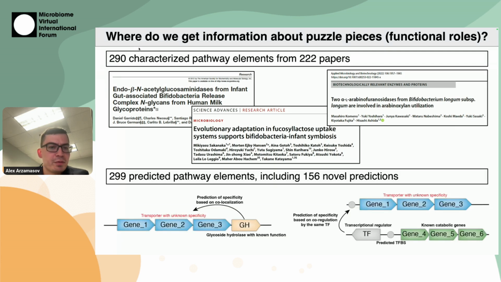But in addition to capturing what is already known, we also can predict novel metabolic functions. The main idea here is co-regulation. Genes that are co-regulated often encode proteins that are involved in the same metabolic pathway. This is one of the approaches to predict the specificity of sugar transporters, especially if they co-regulate, for example, with glycoside hydrolases with known function.